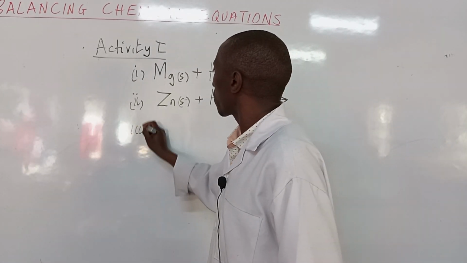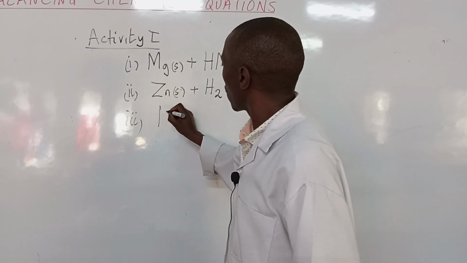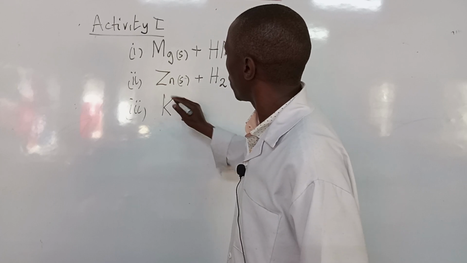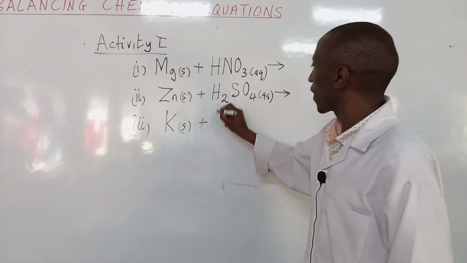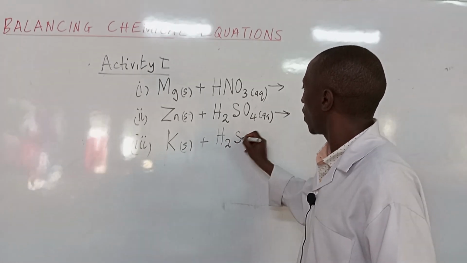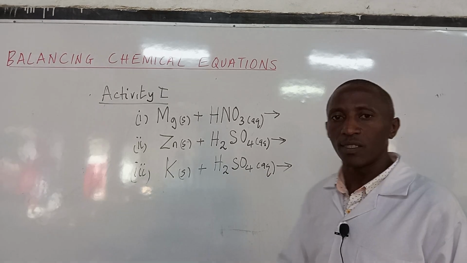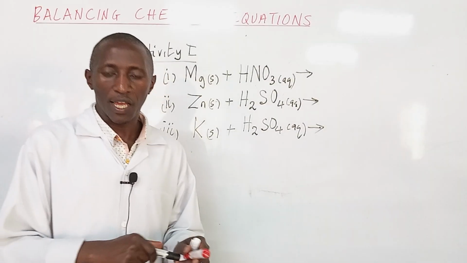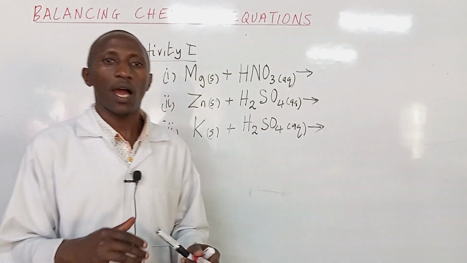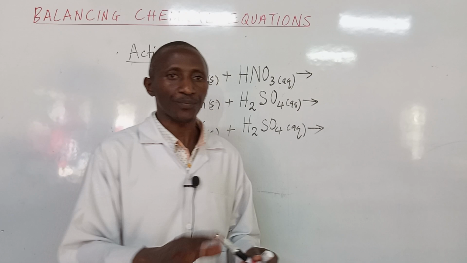And number 3, I would like you to attempt and balance the reaction between potassium and dilute sulfuric acid, H2SO4, aqueous. So viewers, take 1 or 2 minutes to complete, and then we balance the equations in a few minutes.